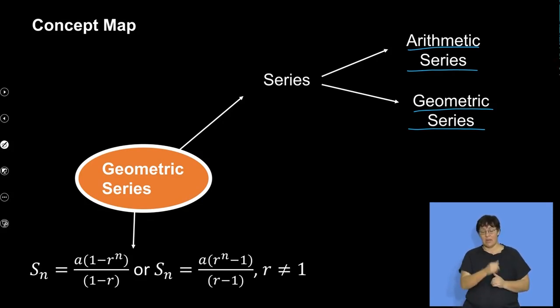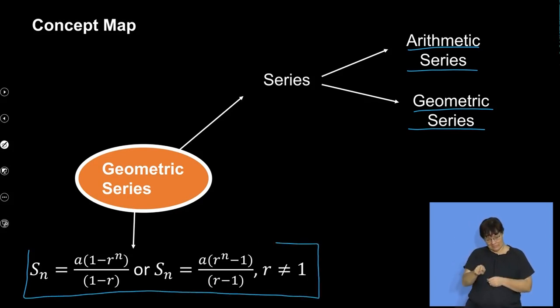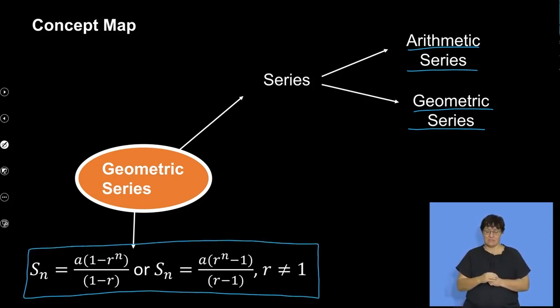The main formulas that are focused on in this portion of the lesson are the sum of a geometric series, and this is when I have Sn is equal to a times (1 minus r to the power of n) over 1 minus r, or Sn is equal to a times (r to the power of n minus 1) over r minus 1.